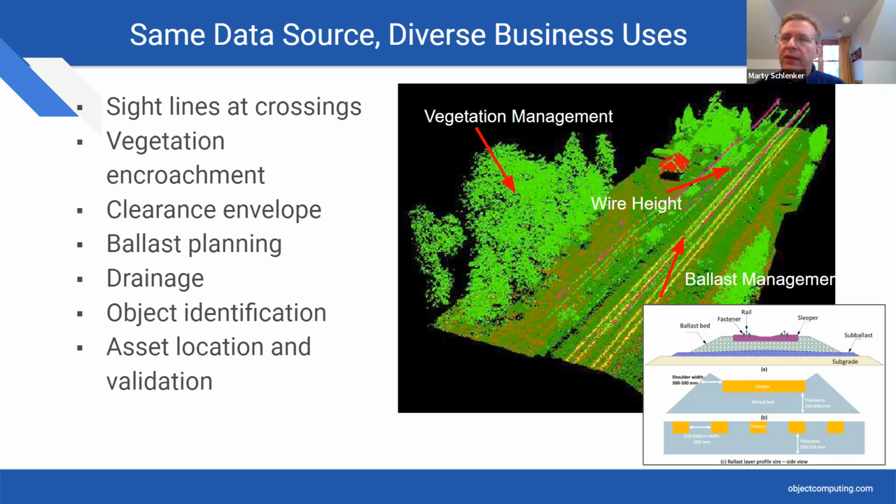And so maintaining the clearance envelope is sort of a super case because it encompasses not only encroachments from vegetation, but encroachments from other movement of the environment around the railroad. And then the railroad track itself is not static.